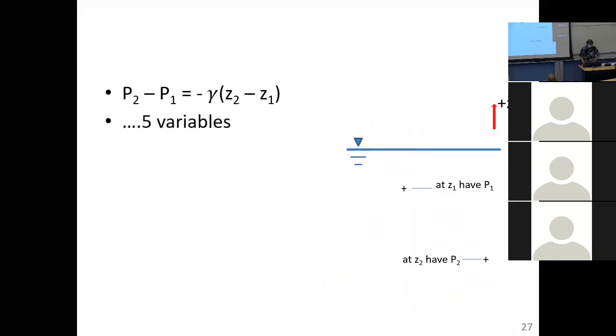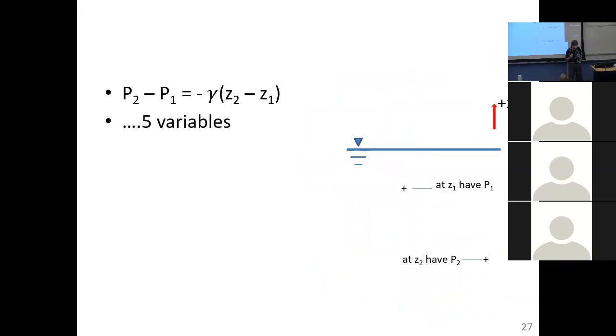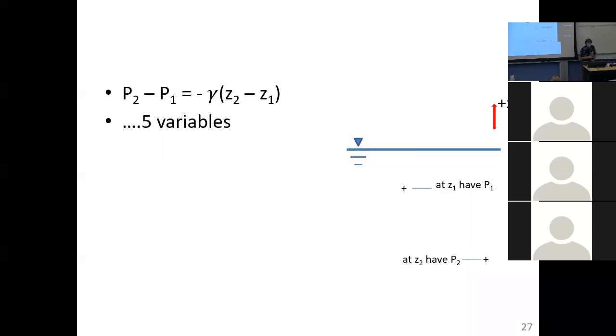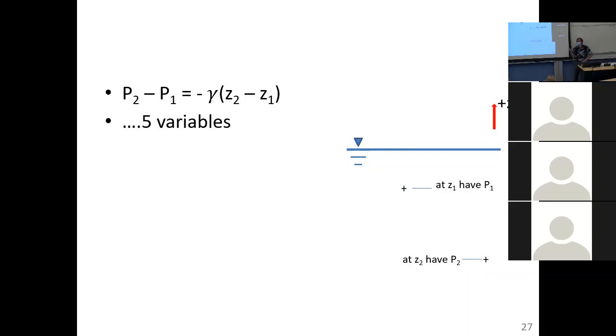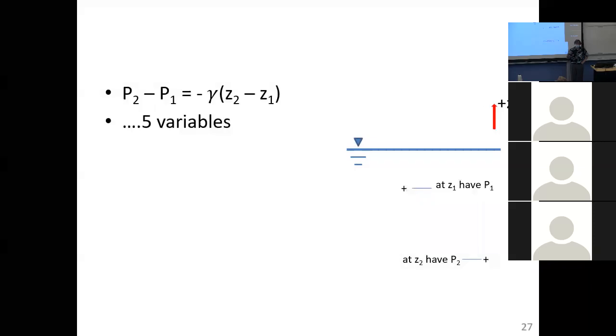So for this same problem, we just derived the equation at the beginning of this slide. That was on the last slide. And if you look at that equation, 2 pressures, specific weight, and 2 elevations: 5 variables, 1 equation. The only way to solve that equation is to either know 4 of those variables or have boundary conditions that dictate what some of those variables must be.